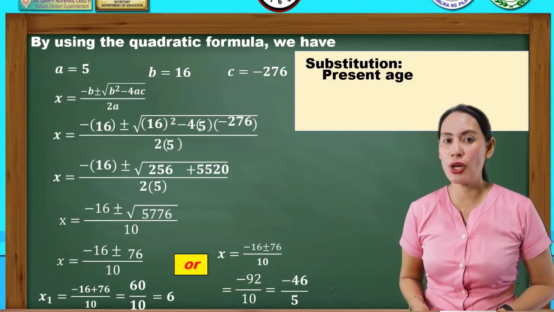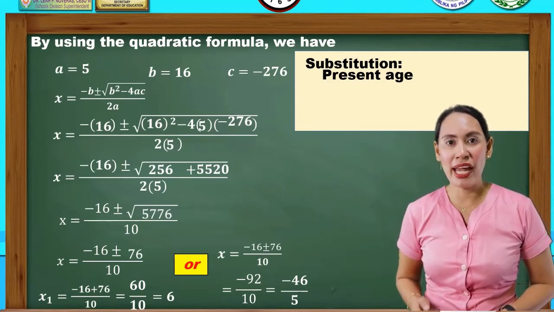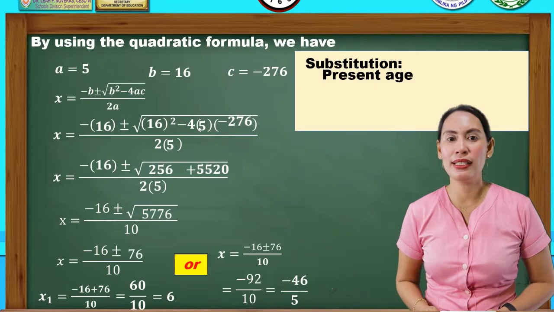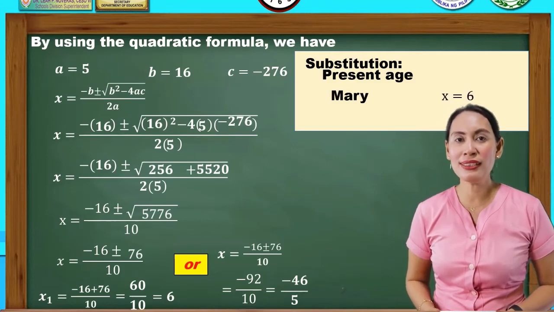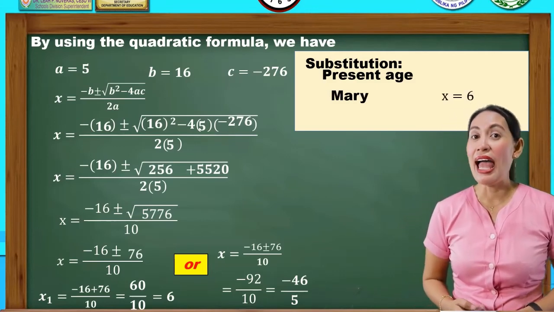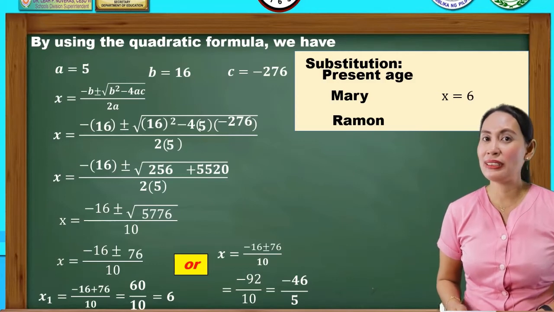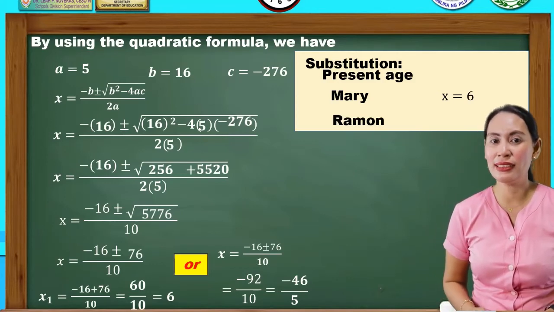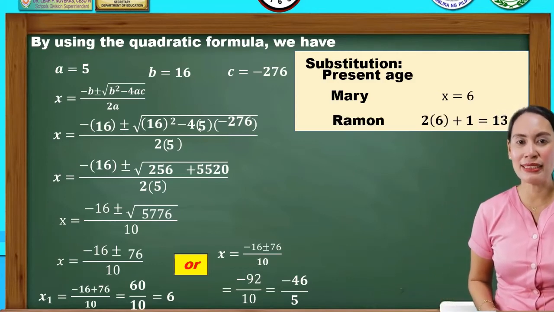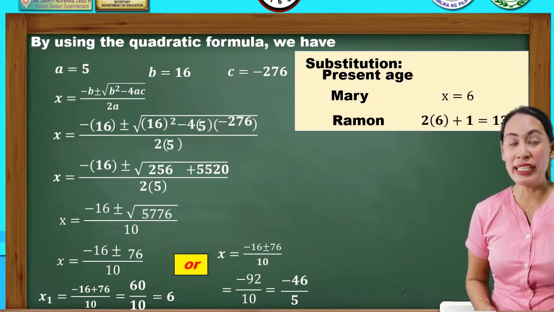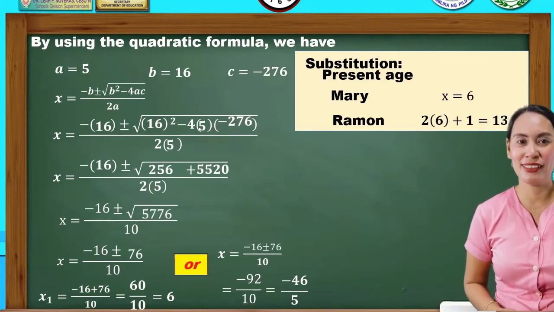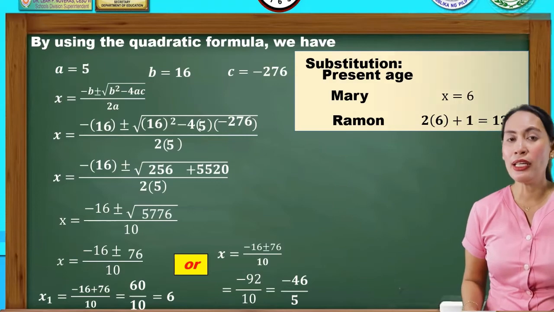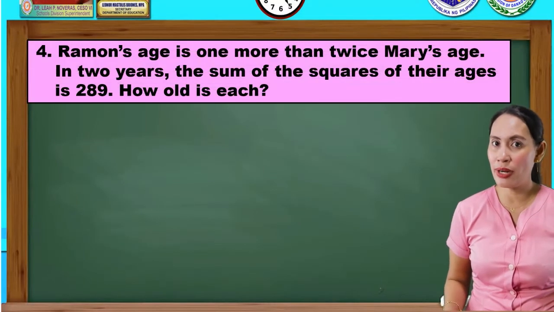By substitution, the present age of Mary is x equals 6. And the present age of Ramon is 2 times 6 plus 1 equals 13. Let us check if our solutions are correct.